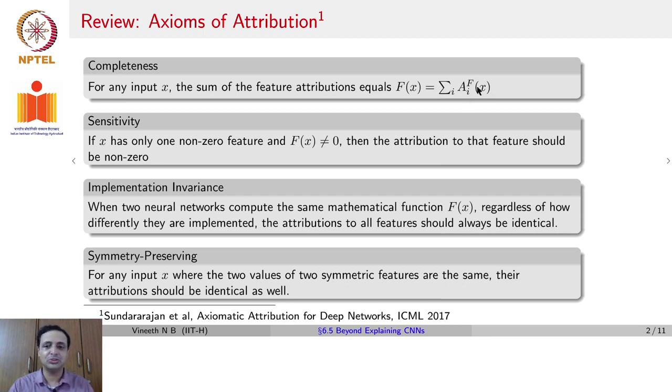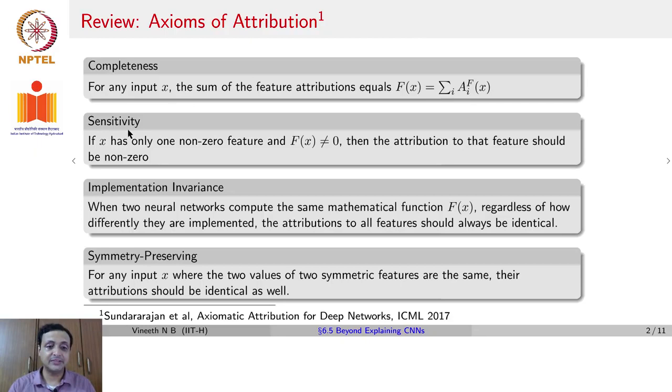The sum of the attributions with respect to your neural network should be the actual output. This is a bit similar to what you see in deep lift, where we said that the contributions must add up to delta t, which was the difference of the output with respect to the reference output. So the completeness property is something that deep lift satisfies.